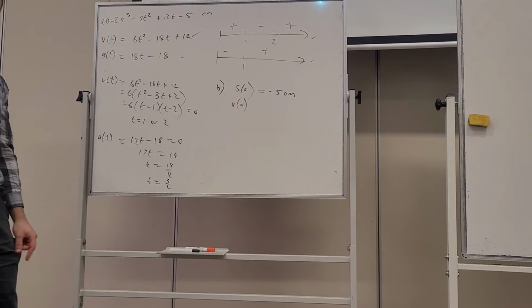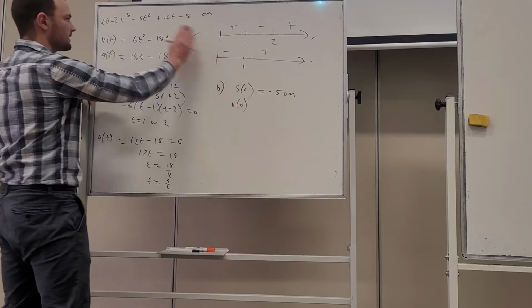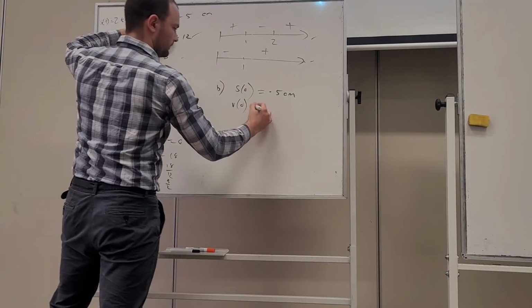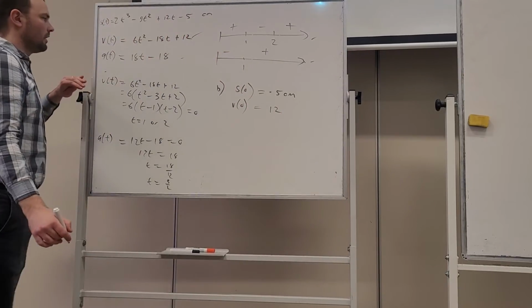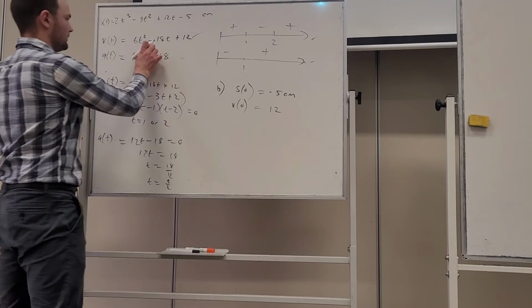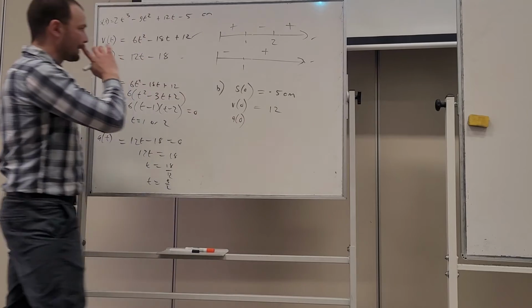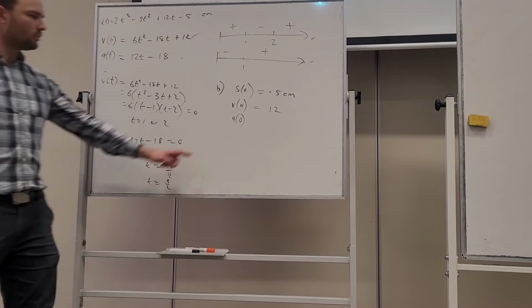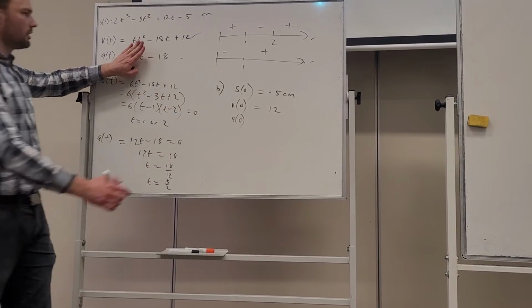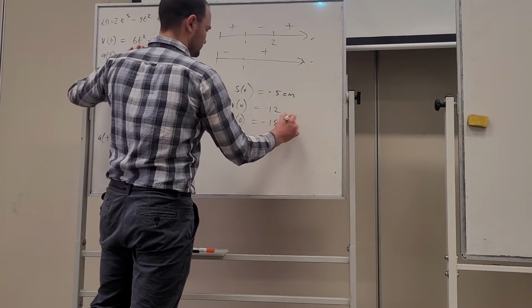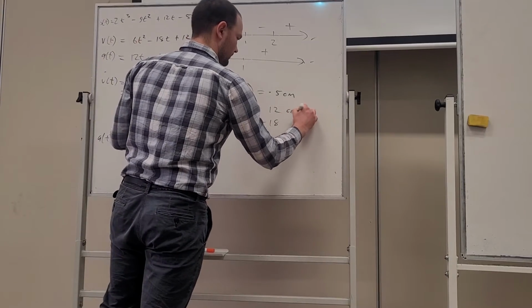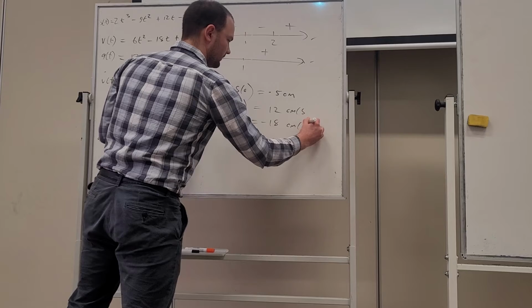You take the number 0, we put it into the velocity function, and we've got 12. And then you take the 0 and you put it into the acceleration function, and you've got -18. So unit for velocity, unit for acceleration.